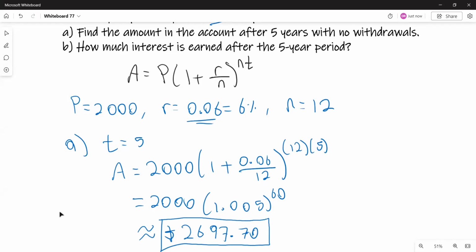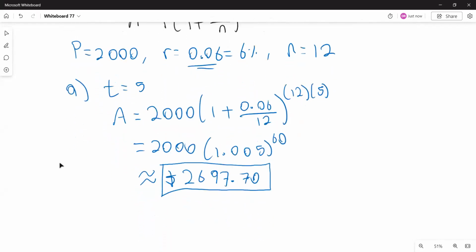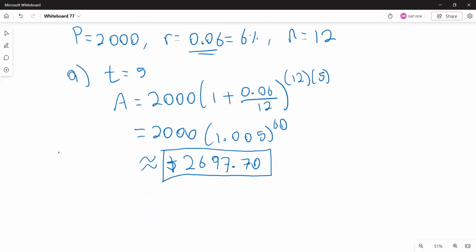B, how much interest is earned after the 5-year period. So the interest is the amount in the account minus the principal. So this account generated almost $700 of interest.